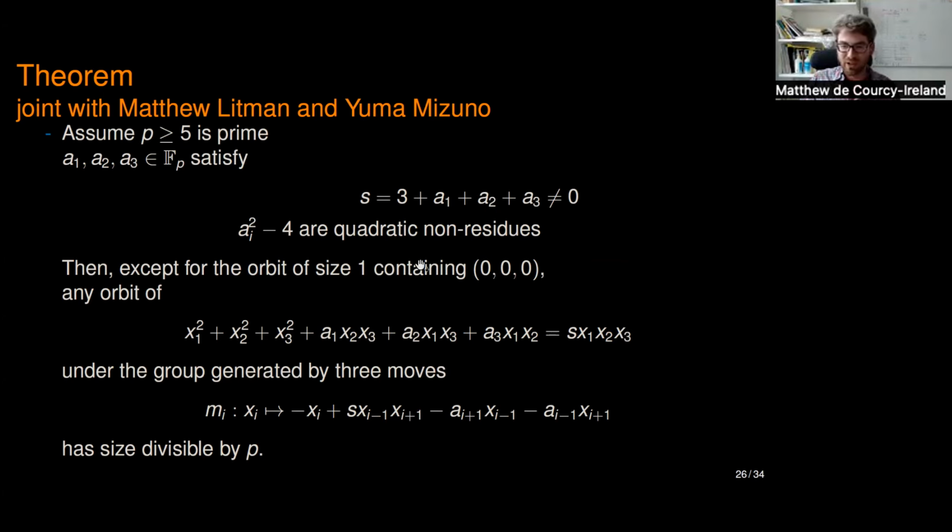I'll show you where that comes from. I don't think it's really necessary to assume that, but for convenience, we do. So then you take these same surfaces as Gyoda and Matsushita, reduce mod p, and we claim that all the orbit sizes are divisible by p, except for the origin. So that's what we aim to do.